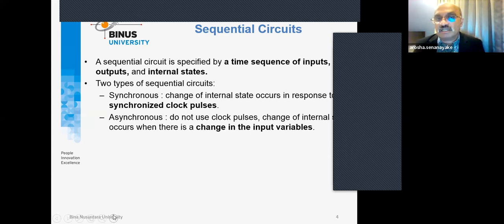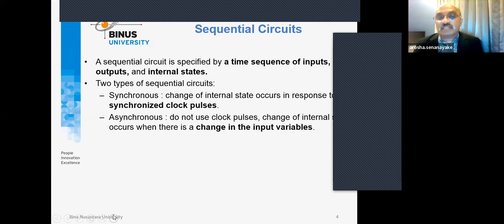But in asynchronous circuits there is no such clock involved, and therefore the output is not subject to synchronously receiving a clock pulse. But sometimes you might have two different clocks used in two different circuits.